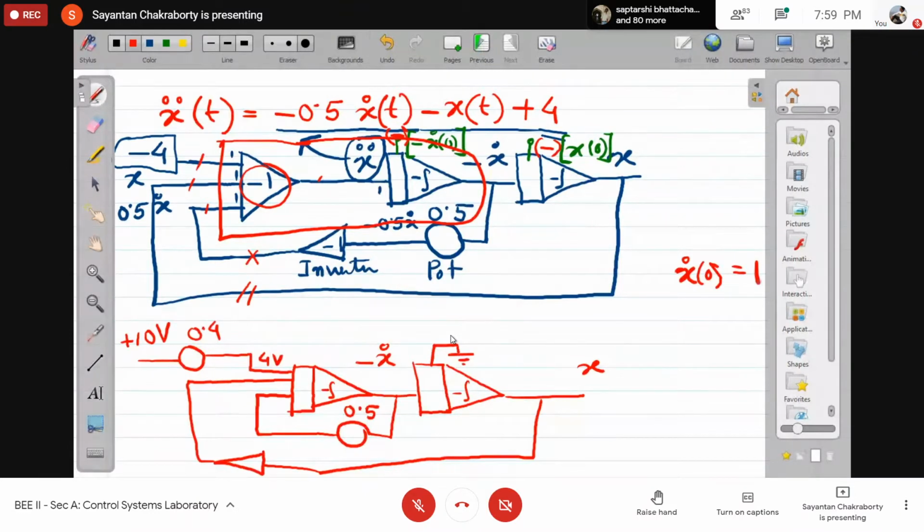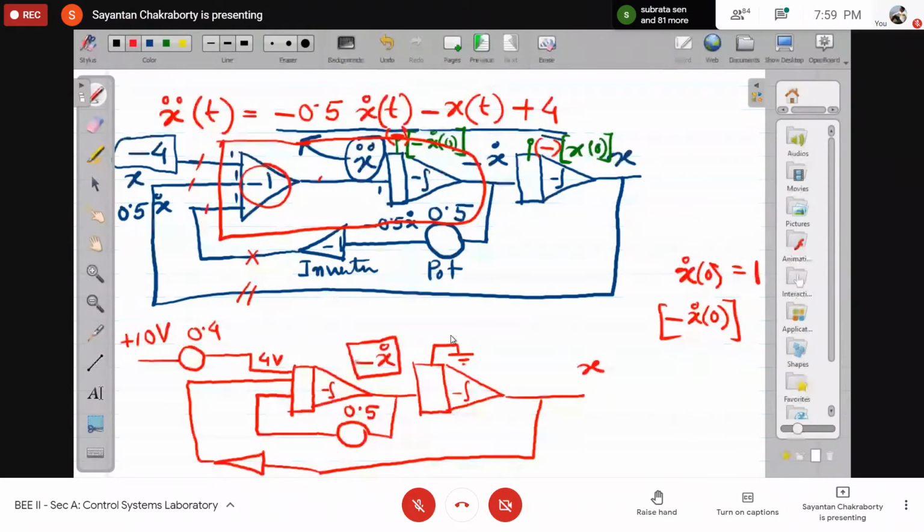How can that be incorporated? So what do you have to incorporate here? You have to incorporate minus x dot 0, because the integration yields minus x dot.